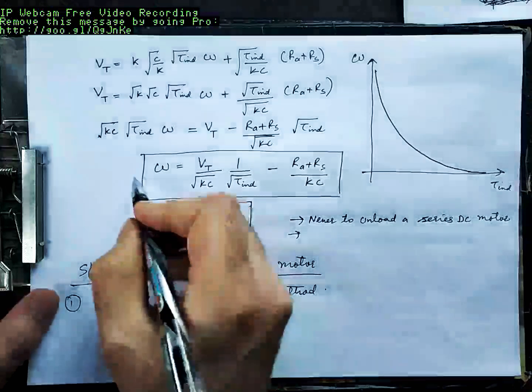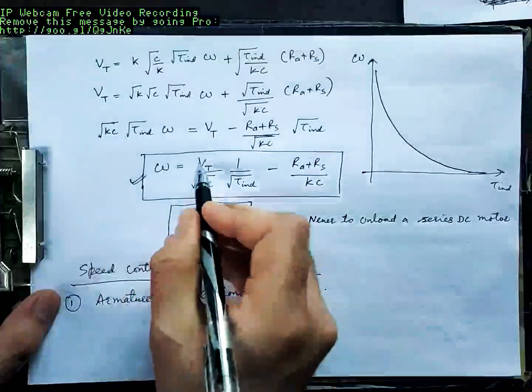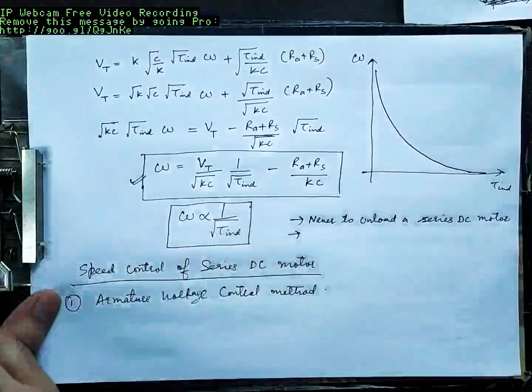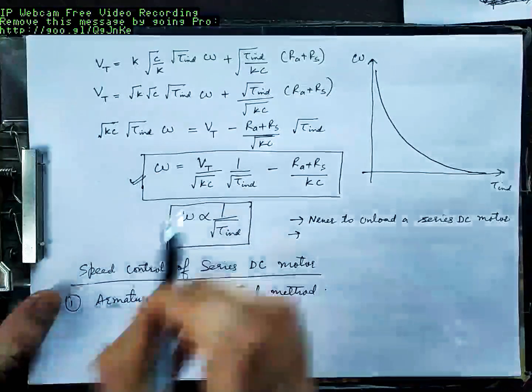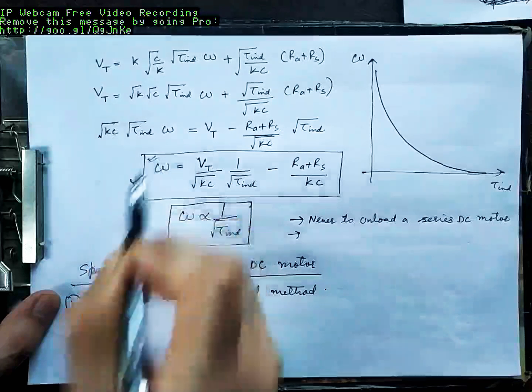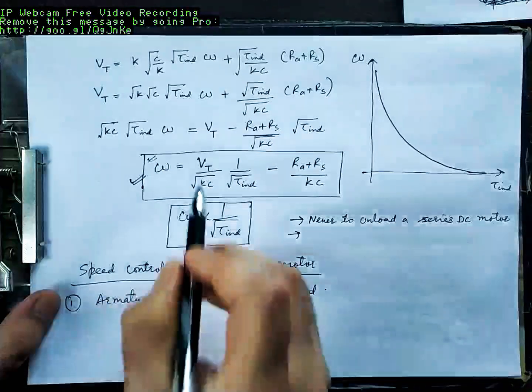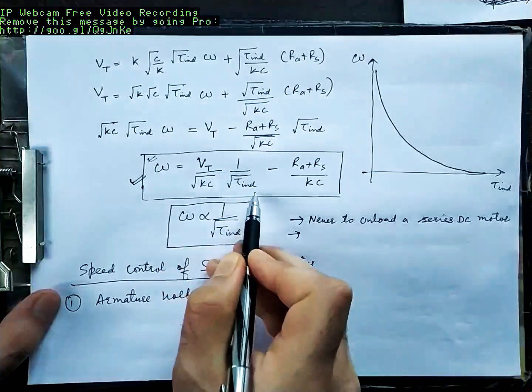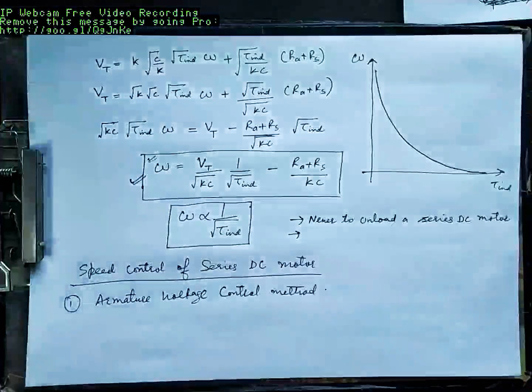You can see from this expression, Vt is in the numerator of the first term. As we increase the terminal voltage, for same induced torque, speed will increase. If we decrease the terminal voltage, for same induced torque, speed will decrease.